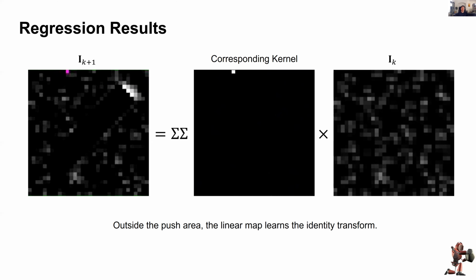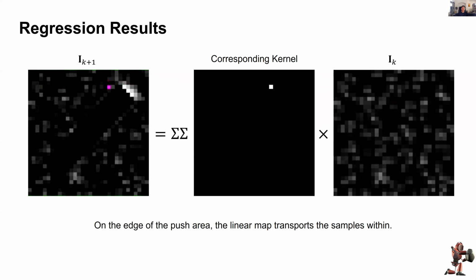Outside the push area, you can see that it's always an identity map, right? So the kernel is just one pixel right there. It's only choosing one pixel to put into the new red location, which makes sense because it's completely outside the push area. So the linear map is essentially predicting that nothing is going to happen to that area.